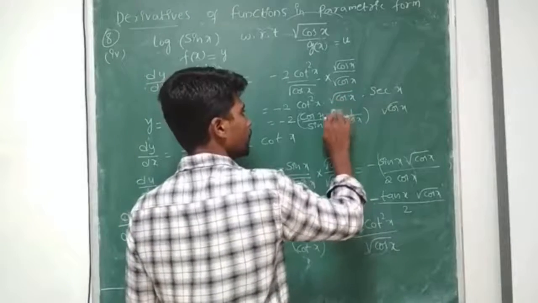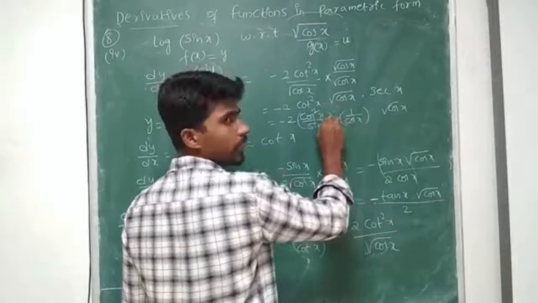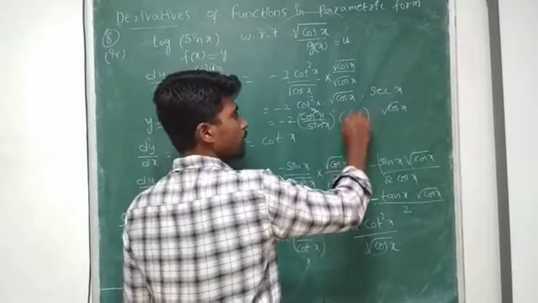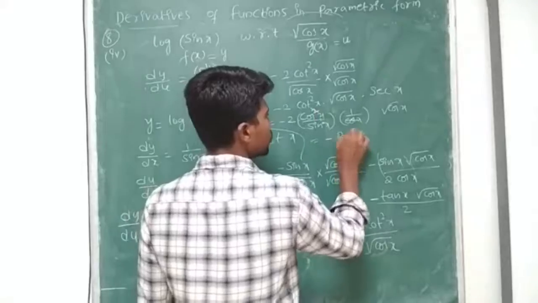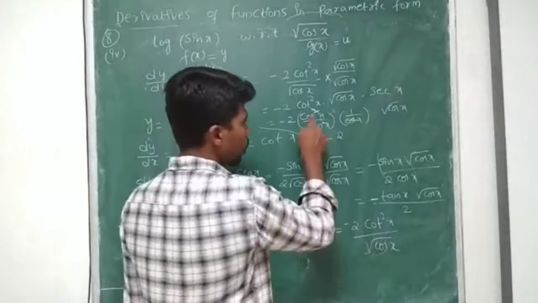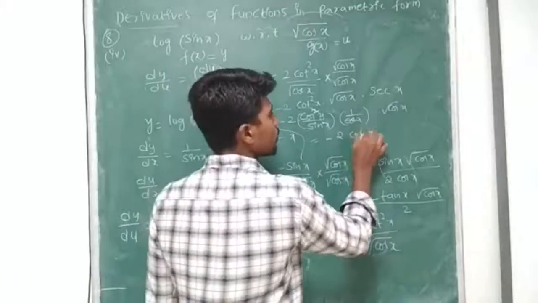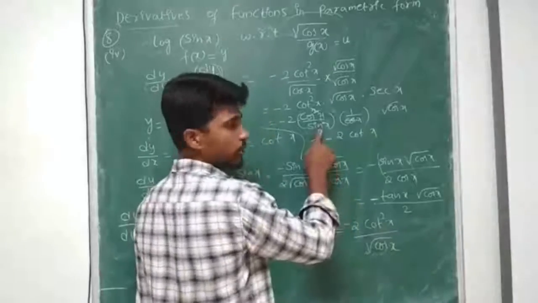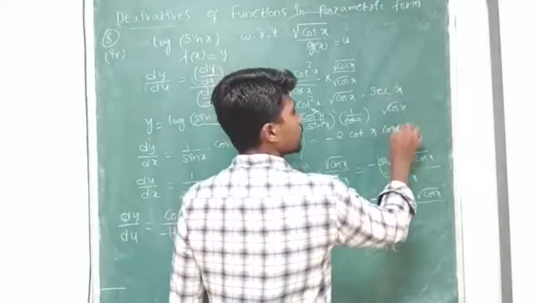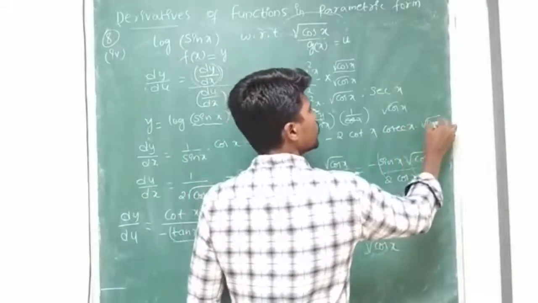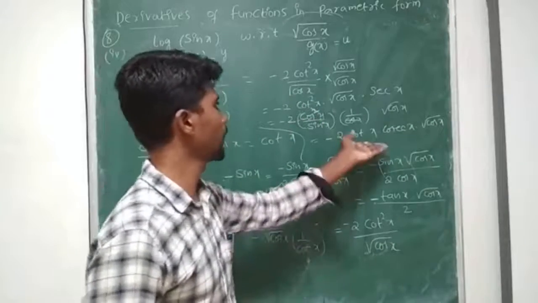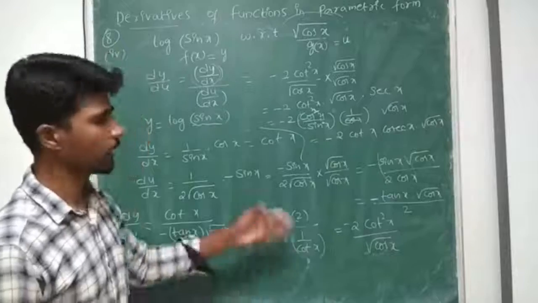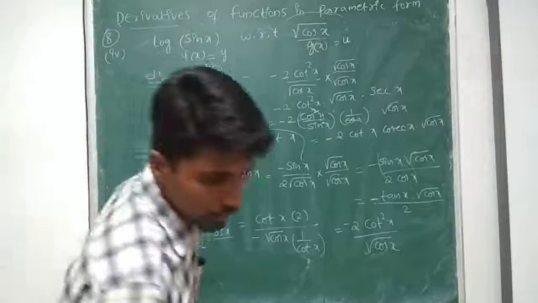Square and cos x will get cancelled, and again we get minus 2 into cos x by sin x, cot x, and one more sin x is there, nothing but cosecant x into root cos x. If I didn't simplify here, we might have got this particular thing directly. Okay, we go to the next problem.